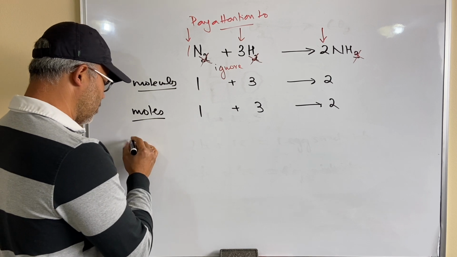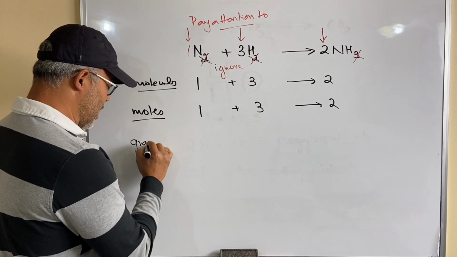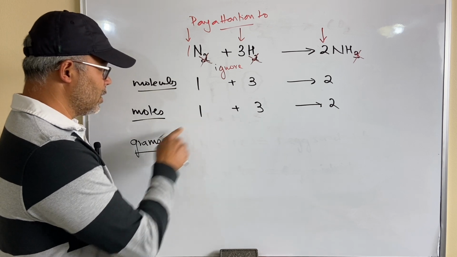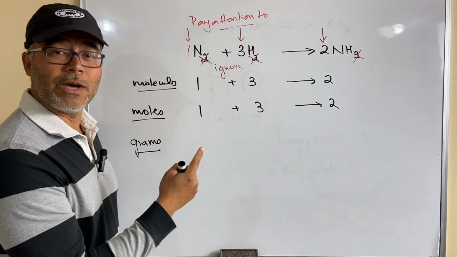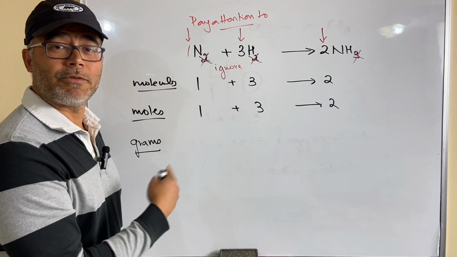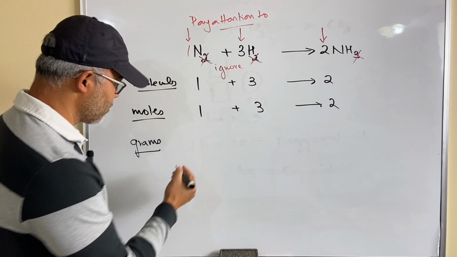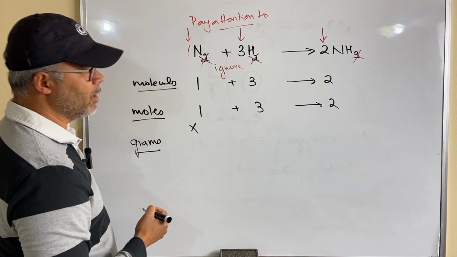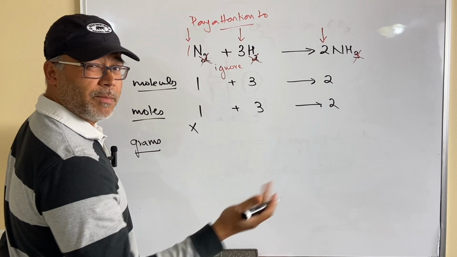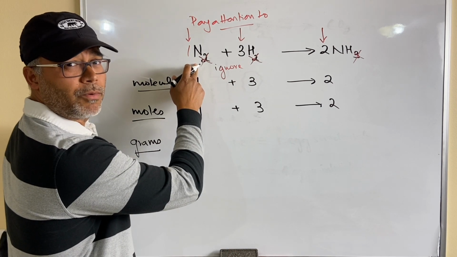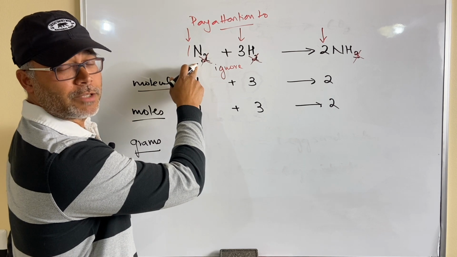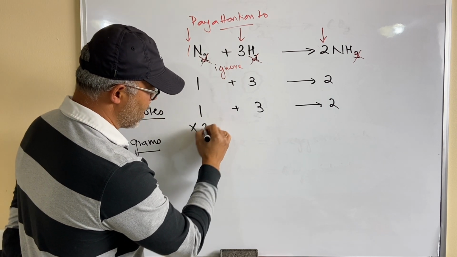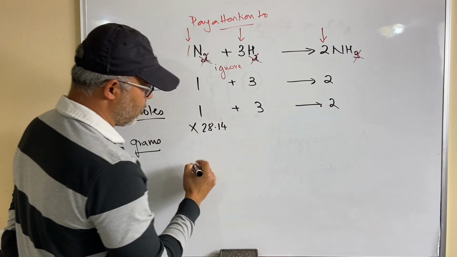So if you look at this in terms of grams, all you need to understand is to convert moles to grams, you have to multiply each of them with their respective molar mass. So therefore, if you multiply this with the molar mass of nitrogen, approximately the molar mass of 1 nitrogen is 14.07. Since there are 2 out there, that's 28.14.